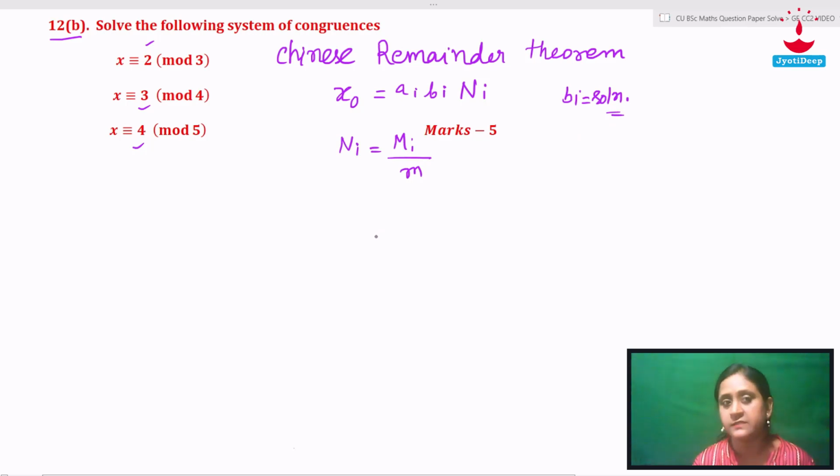I will tell you when we solve. Okay, ni means M by mi. Capital M means the multiplication of all these mods, that is 3, 4, 5 here. And small m means mod 3, mod 4, mod 5, like this.